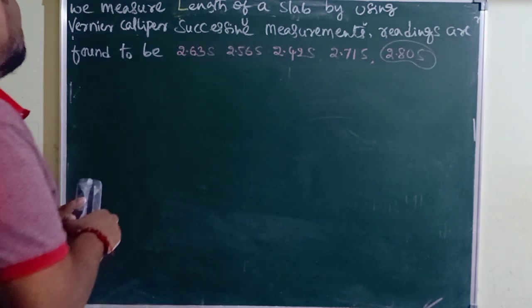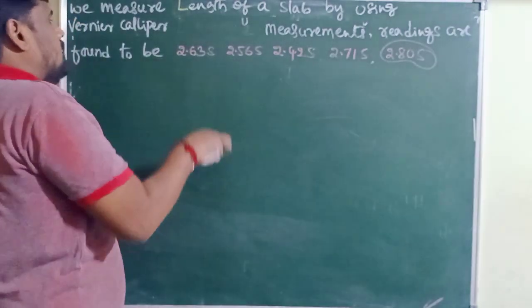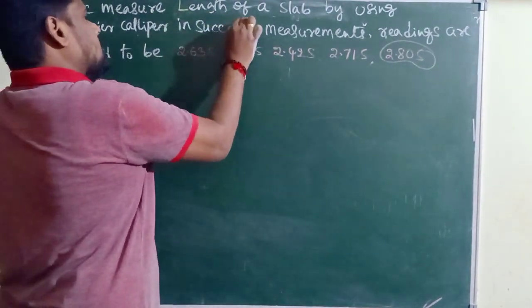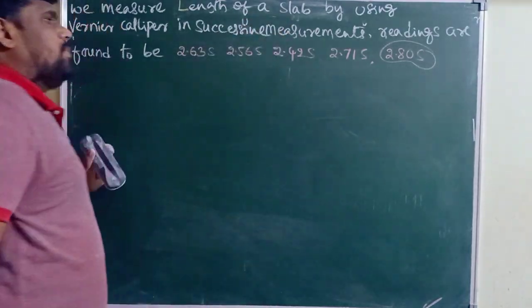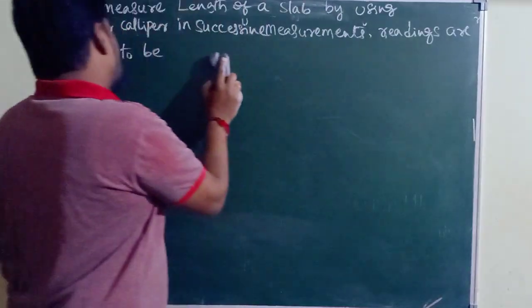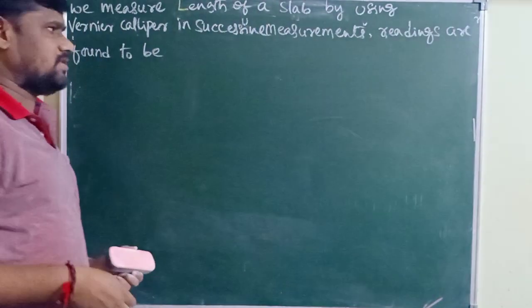We are repeating the measurement of the length of a given slab with the help of the vernier caliper in successive measurements.